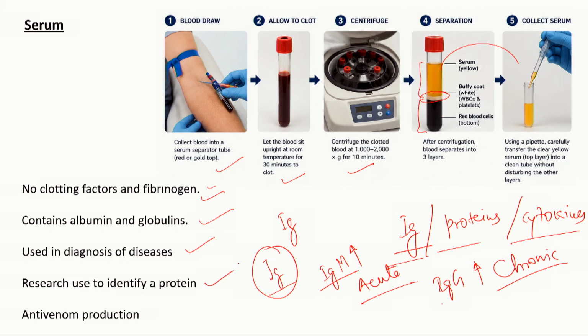People are using serum immunoglobulins to do research. Say we want to identify a protein from a cell lysate, for example, if we want to look into NF-kappa B or any kind of protein which is important for DNA replication, we need to find out whether the protein is there or not. To identify that protein, we are using immunoglobulins, or specific immunoglobulins, against that protein.